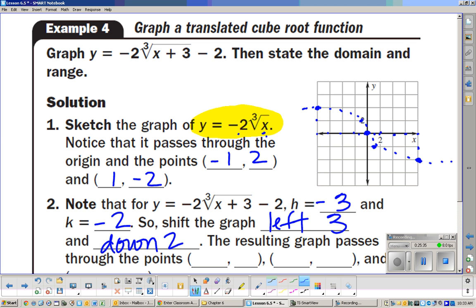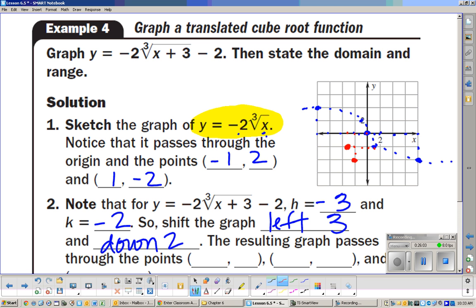All right? So take each of those points and move accordingly. We are going to the left 3 and down 2. So here's my 0, 0. To the left 3, 1, 2, 3, and down 2. There is my new central point, if you want to call it that. Then I'm going to take this other point I knew, which was 1, negative 2, and I'm moving to the left 3 and down 2.